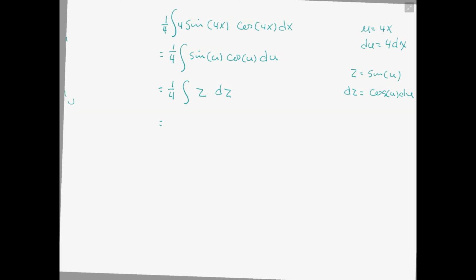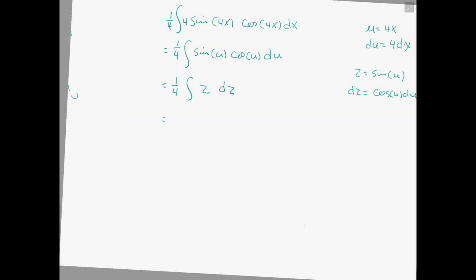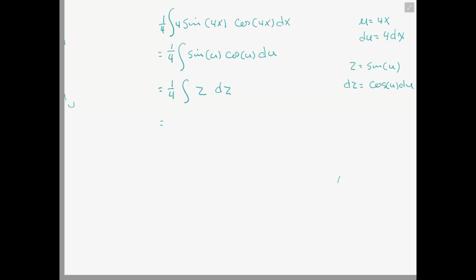We got 1/4 z dz. And that is simply a polynomial. We're not talking about a trigonometric integration here. We're talking about a polynomial integration.